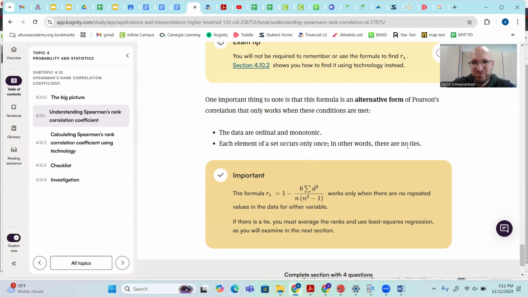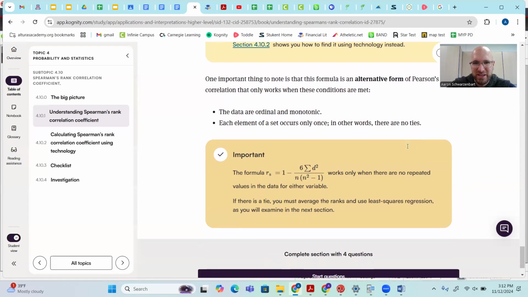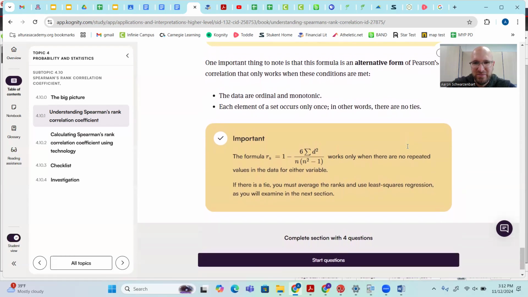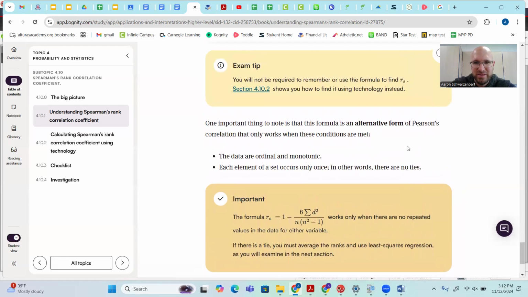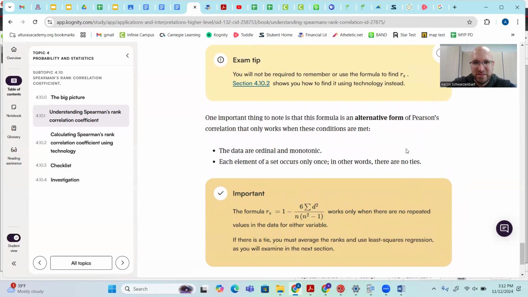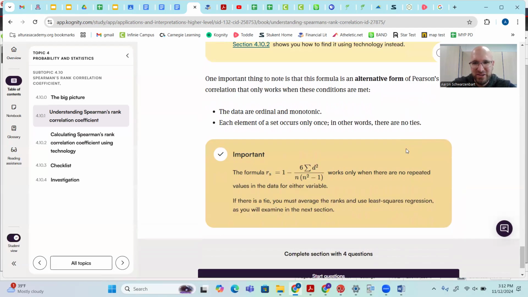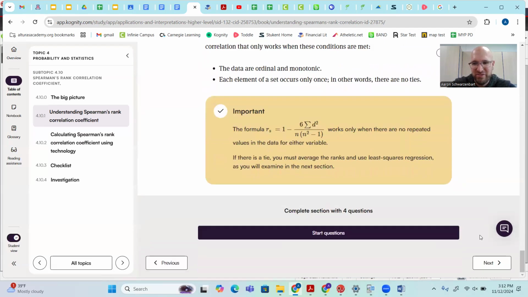There is a way to deal with ties, and we'll talk about that in a second. This is generally correlation, but it's correlation based on rank instead of correlation based on interval value or ratio value.